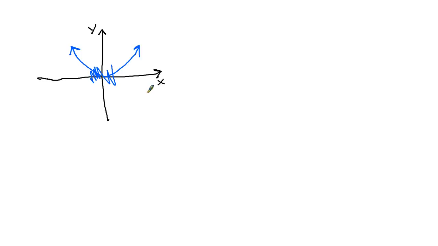One thing I want to point out that maybe no one has said to you before is that when we have x, the x-axis, there's an arrow that's going this way. A way to describe this is that as we go in this direction, x is going to positive infinity.